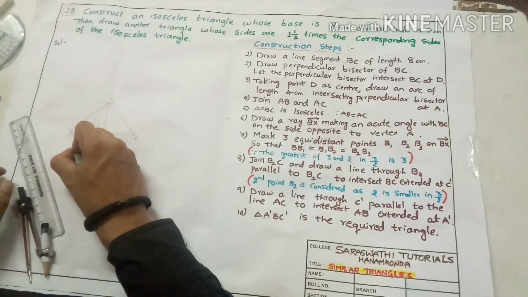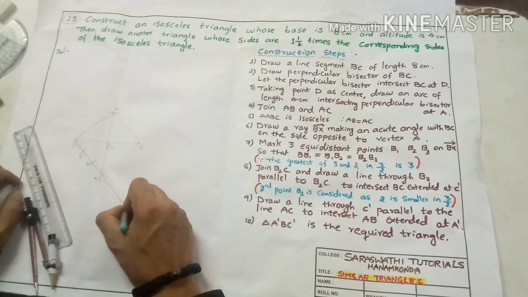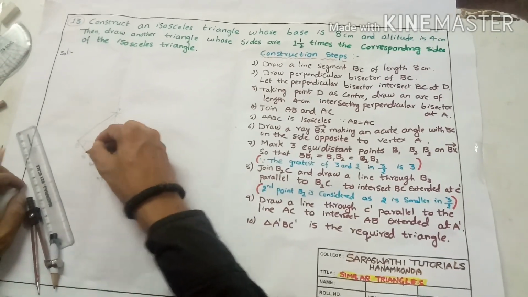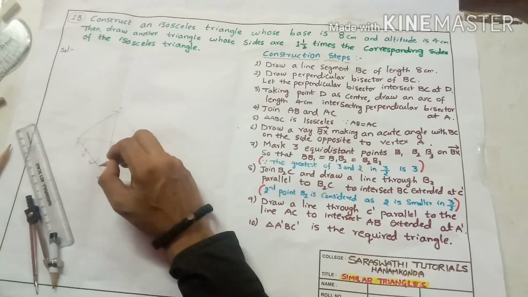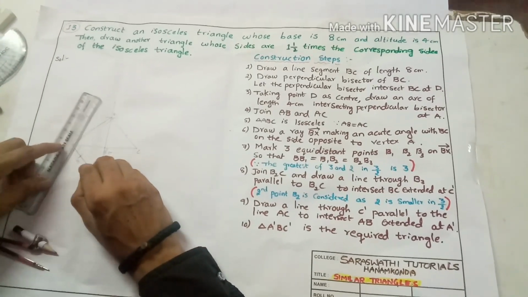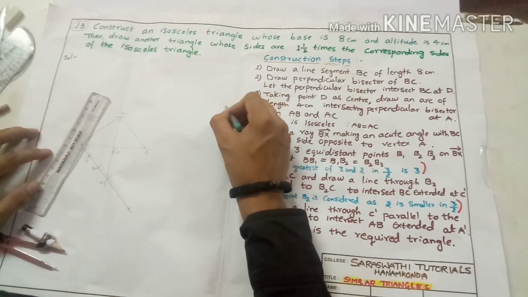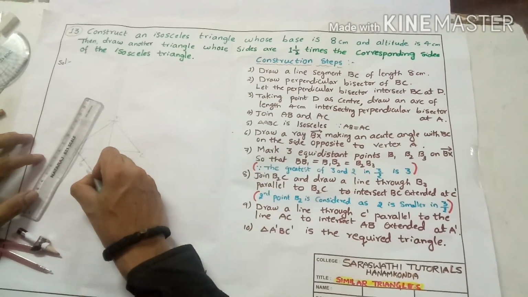So this is B1, B2 and B3. B1 equals B1B2 equals B2B3, so they are equidistant points. Since the ratio is 3/2, the smaller value is 2, so we are considering the second point.